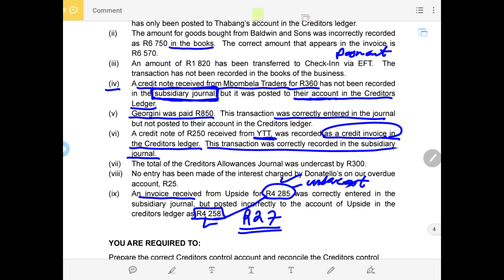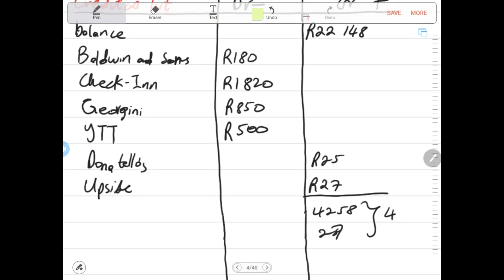So what makes it 4,285 in total is the 27 rand that we are adding. We recorded an amount less than what was supposed to be. So that is just a short further explanation on that.